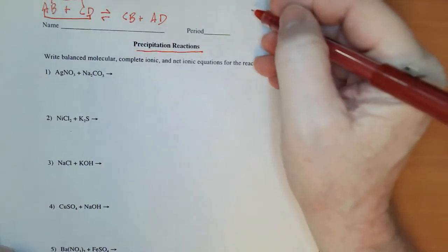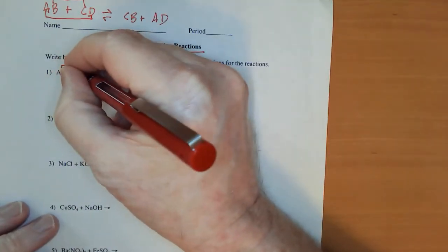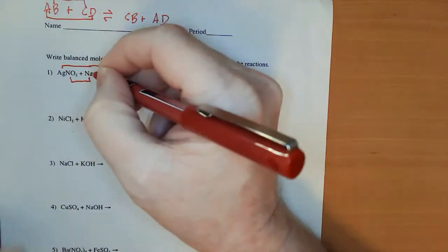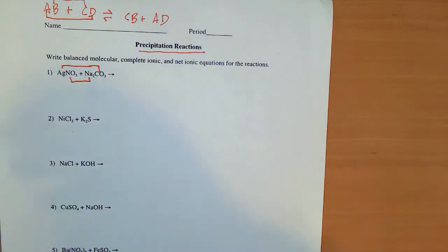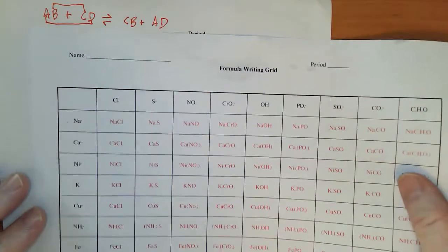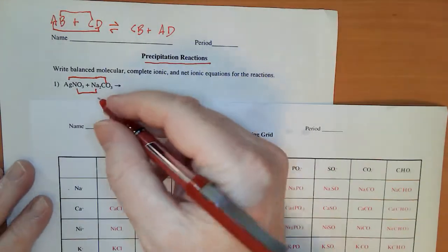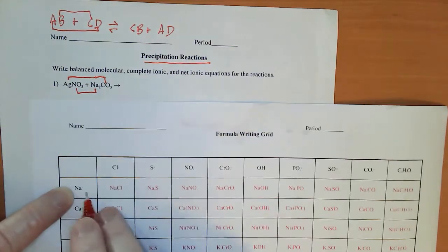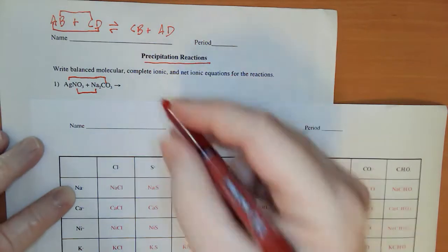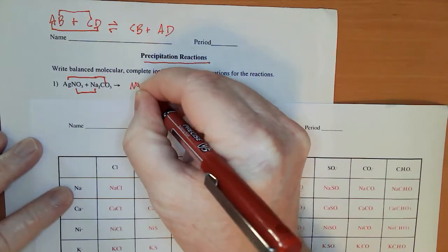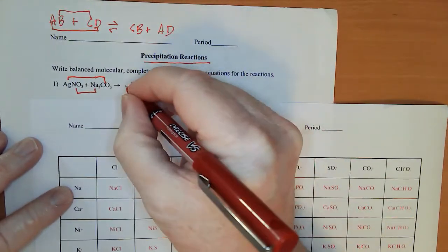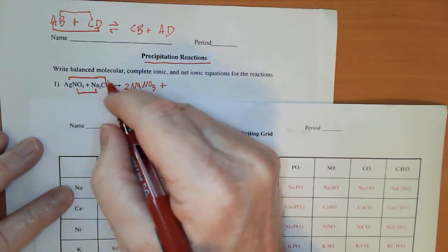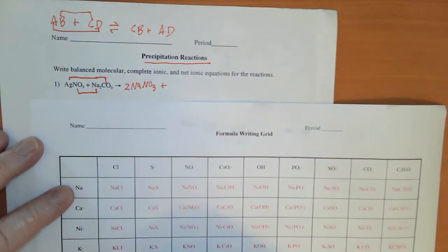So first reaction there: AgNO3 and Na2CO3. We need to switch our partners. So what I'm going to do first is locate on my formula writing grid sodium right here. Then I'm going to locate nitrate right there. NaNO3. Looks like I'm going to need a 2 in front to balance it. And now I want to put Ag with CO3.